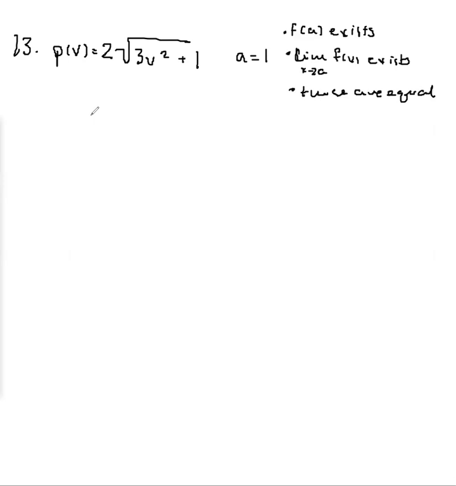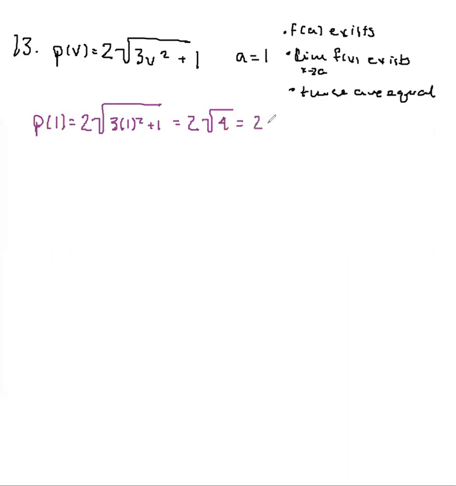So back to this. We start off by confirming that f of a exists by saying this is p of a, which is p of 1, which is equal to 2 times the square root of 3 times 1 squared plus 1, which will be 2 times the square root of 3 plus 1, which is 4.